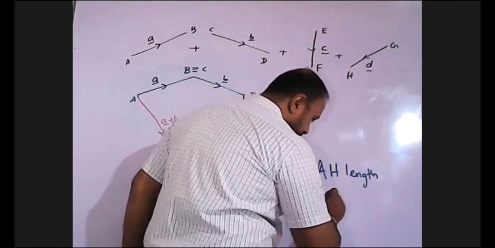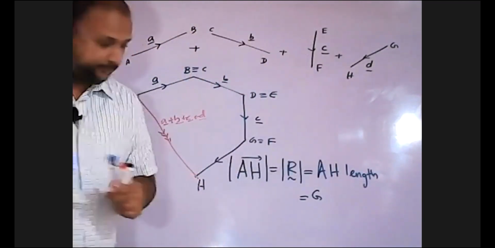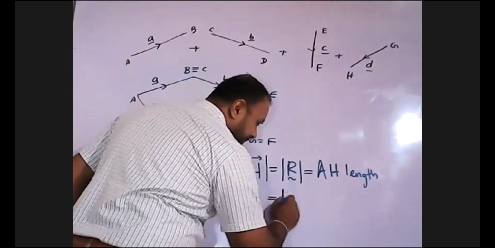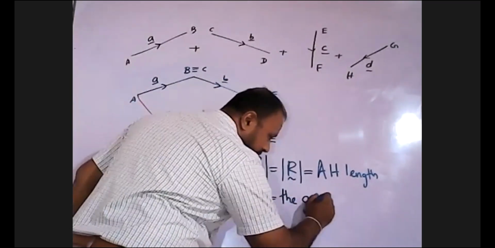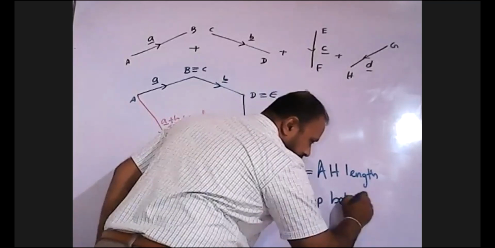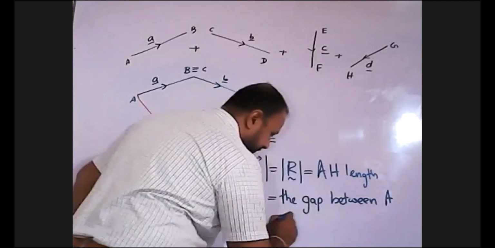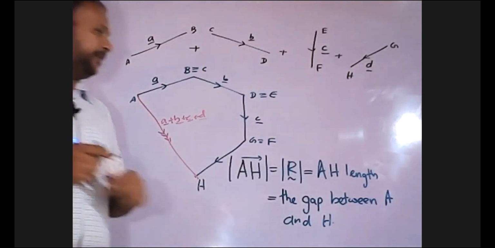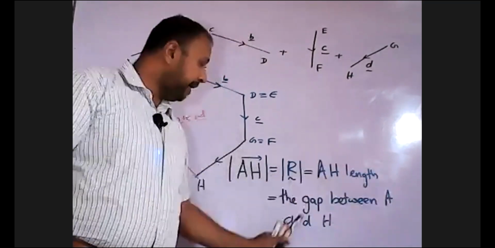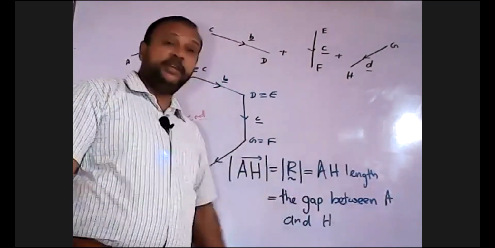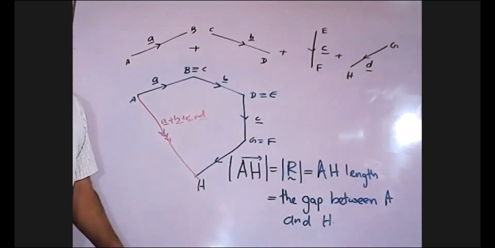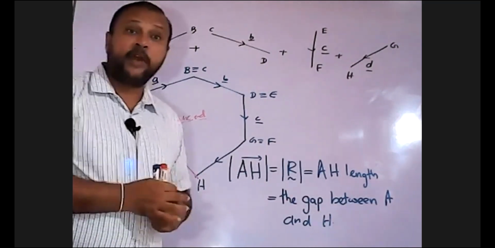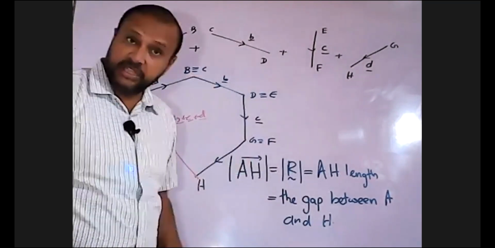That means it is equal to the gap between A and H. A means the starting point of the first vector and H means the end point of the last vector. Okay, that is a very important characteristic of the vector polygon of the vector addition theorem.